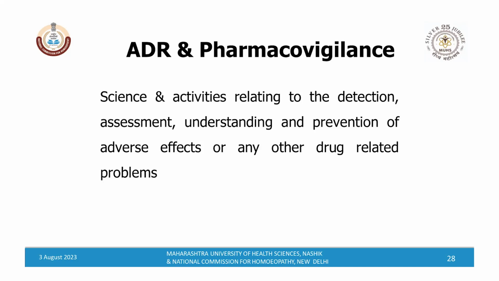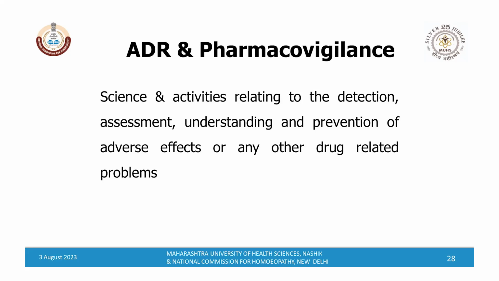Pharmacovigilance. Now what is this? This program runs at the national level. So in India also we have a Pharmacovigilance program, and also at the international level. It is a science and set of activities relating to the detection, assessment, understanding and prevention of adverse effects or any other drug related problem.